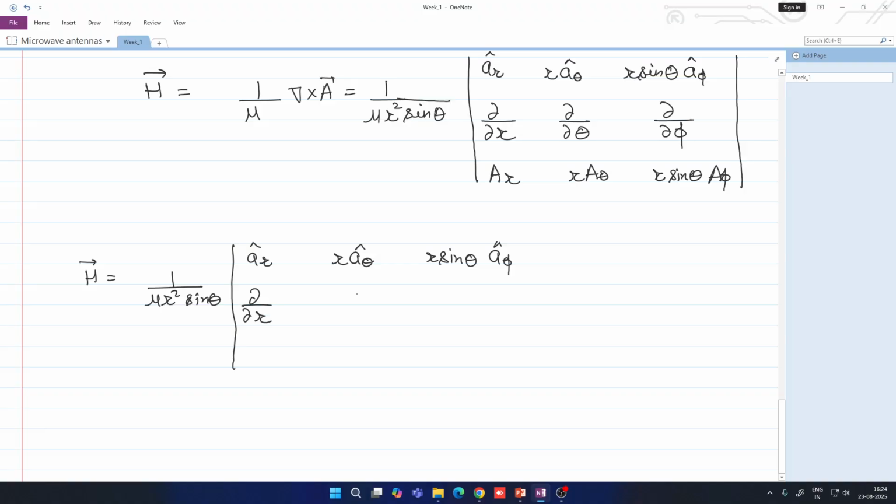A r is A x sin theta cos phi, and A theta is r A x cos theta cos phi, and r sin theta A phi, which is minus r sin theta A x sin phi.